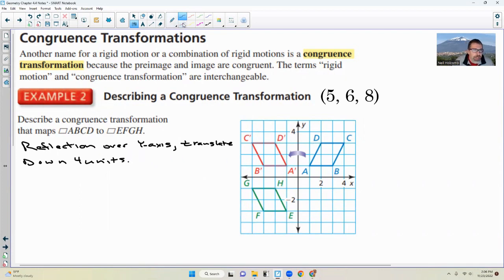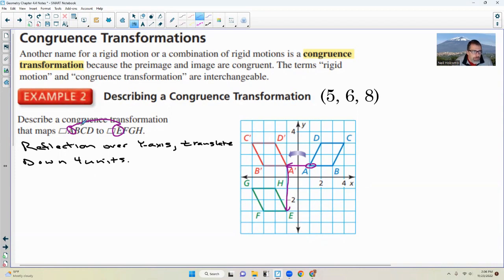So I wanted to point that out to you. When we are doing a transformation and we name our transformation, the resulting pieces have to equal the congruent pieces from the pre-image. So the pre-image A, which is right here, got reflected to A prime, okay? And then it got moved down 4 units to E. So A has to match with E. And notice they're the first letter in this.